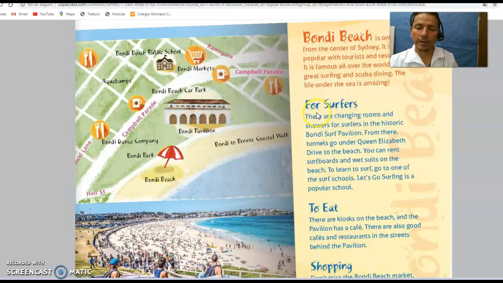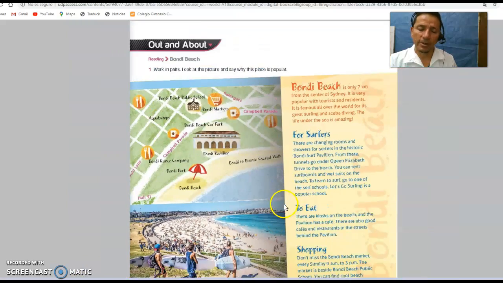So here, for surfers are changing rooms. Where? Changing rooms. Okay. So it could be the answer too. So showers, there are changing rooms and showers for surfers in the historic Bondi Surf Pavilion. So in this area, you can take a changing room and showers in the Bondi Surf Pavilion. All right.